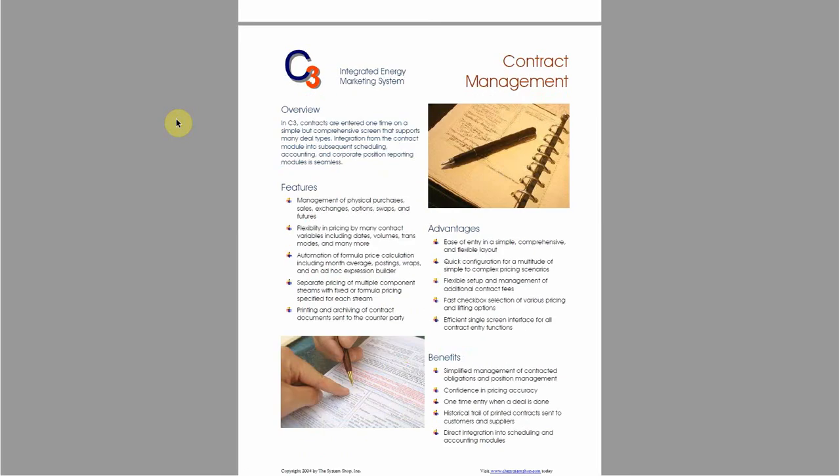So: contracts, physical purchases, physical sales, exchange, options, swaps, and futures; flexibility in pricing many different variables including dates, volumes, transmodes, and many more; formula price calculation for Opus formulas or Platts formulas or supplier postings or customer postings, including month averages, postings, wrap type formulas like a 3-day wrap, and an ad hoc expression builder which would primarily be used on, say, an if-then-else type formula.